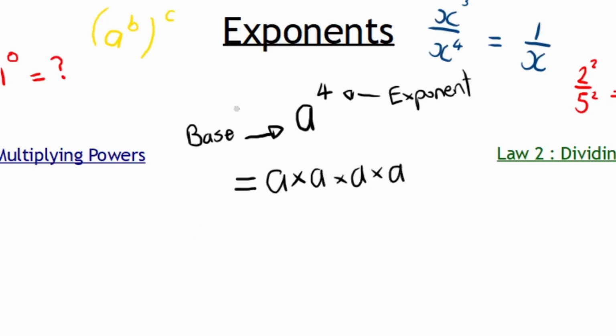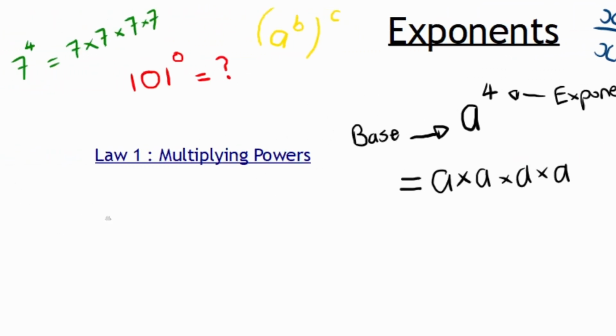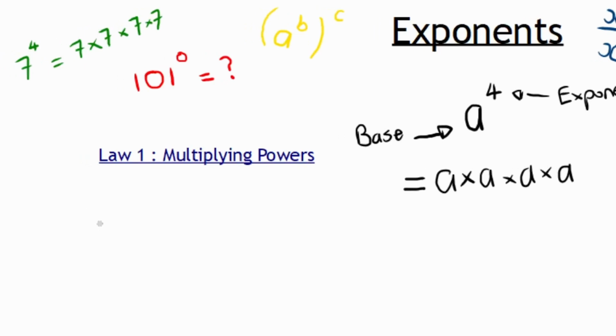So now that we have a firm grasp of what exponents are, let us start working with them. Let's do some calculations. Our first law of exponents helps us when we are multiplying powers. Say, for example, you are given the question of a to the power of 2 multiplied by a to the power of 4.